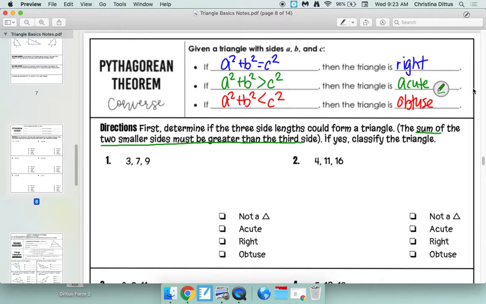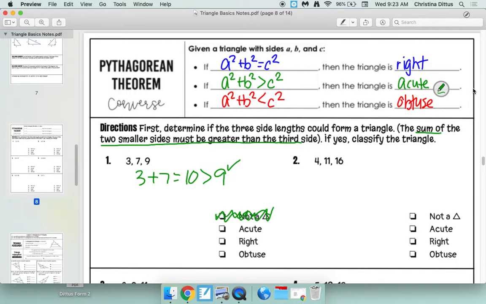So here, what are my two small numbers? What is 3 plus 7? Is 10 bigger than 9? Yeah, so it is a triangle, since 2 are bigger than 1. Now we're going to do our Pythagorean theorem. Same deal, your small ones go together, except this time they get squared.